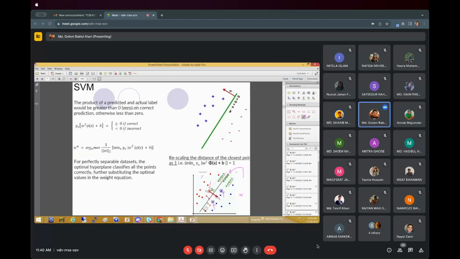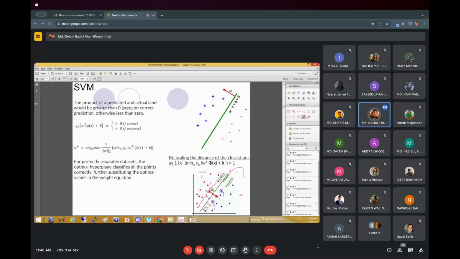Okay, so if we consider a gutter, this is the gutter. We can see this as a parallel line to our hyperplane equation, or we can say the separator line. Then it will be w transpose x plus b equal -1.